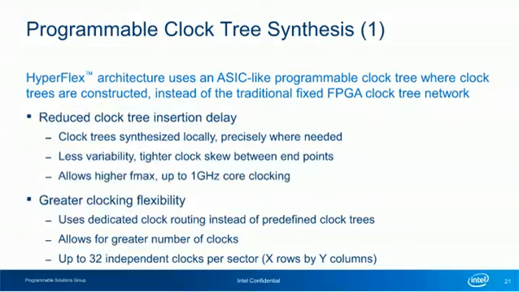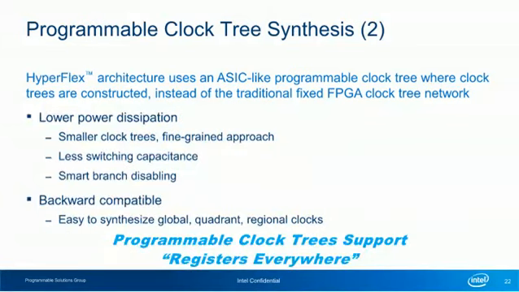Instead of a clock tree pre-built in silicon, the clock tree is more similar to the row and column resources in that there are dedicated clock routing segments throughout the device that can be stitched together to create a clock region. The result is that you can have a greater number of clock regions than before and up to 32 independent clocks in one section of the chip.